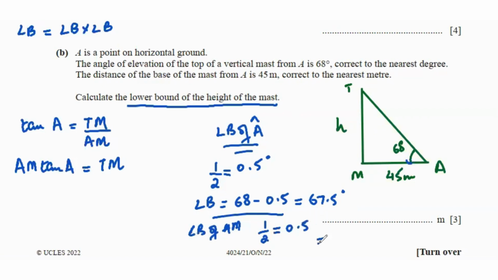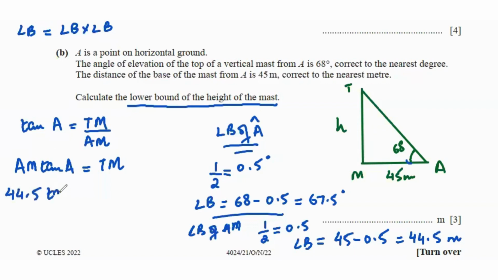And we subtract 0.5 from 45 to find the lower bound, which is 44.5 meters.